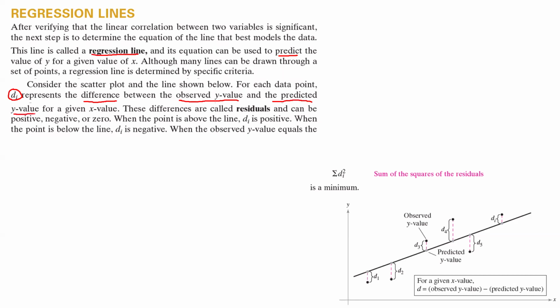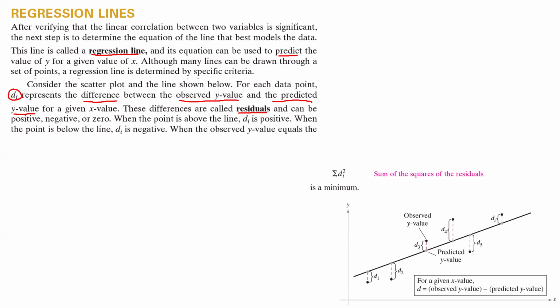What's the difference between them? Remember that when you have some points in the plane, they might not be on the exact same line, but our goal is to find a line that best represents the data. You're going to end up with some residuals. The residuals, or d sub i's, are the difference between the observed value and predicted value.